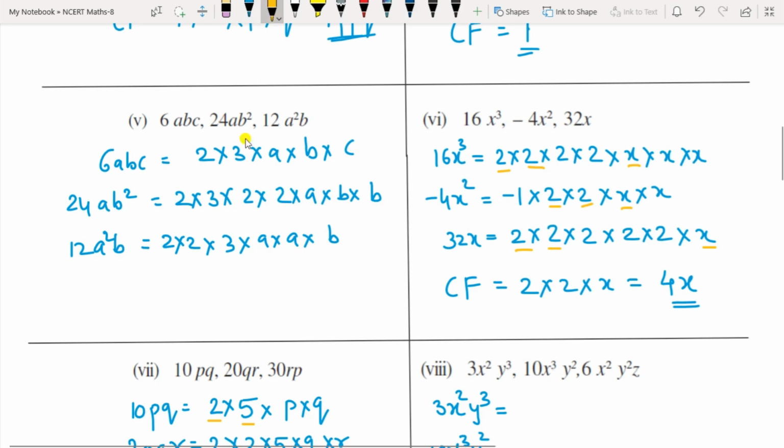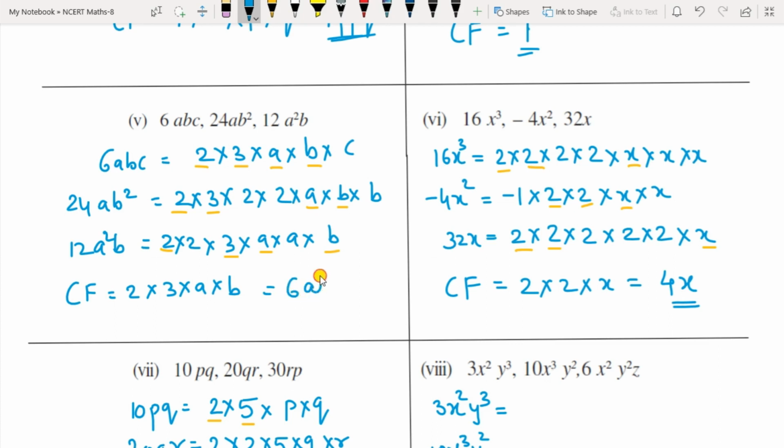Now which are common in all three? It is 2, then 3, then a and then b. So the common factor is 2 into 3 into a into b, that is 6ab. So 6ab is the common factor in all three given algebraic expressions.